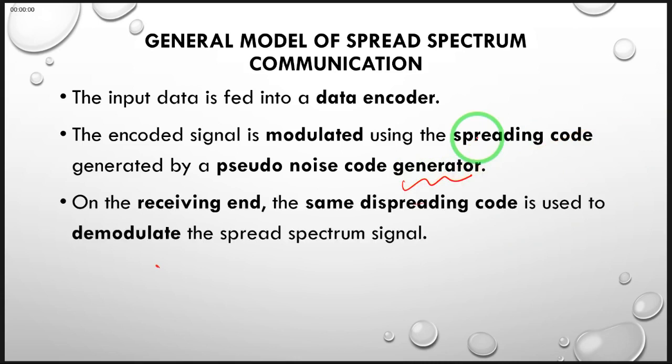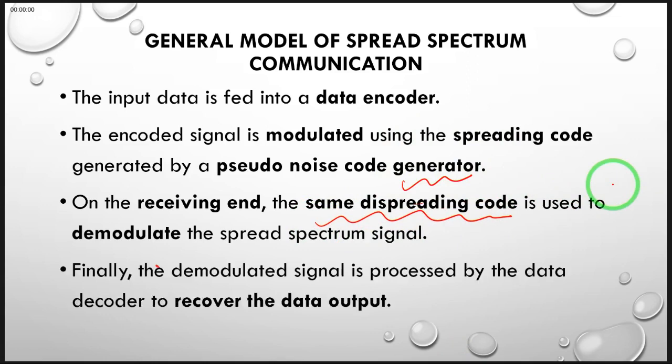On the receiving side, the same spreading code is applied, and this code spreads the interference, so the interference effect is reduced on our received data, and we are able to recover it. Finally, the modulated signal is passed through the data decoder to recover the original data output, which was sent in the form of binary zeros and ones.